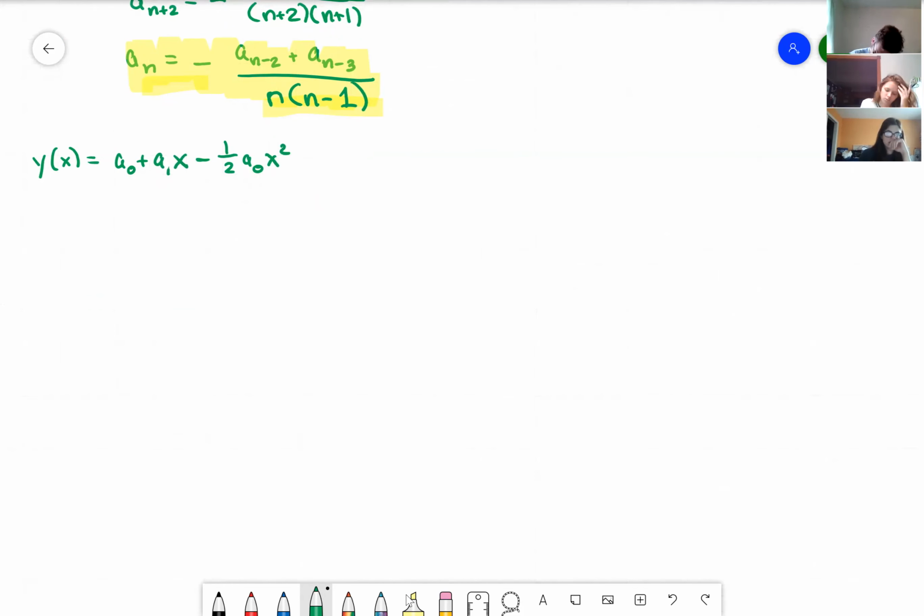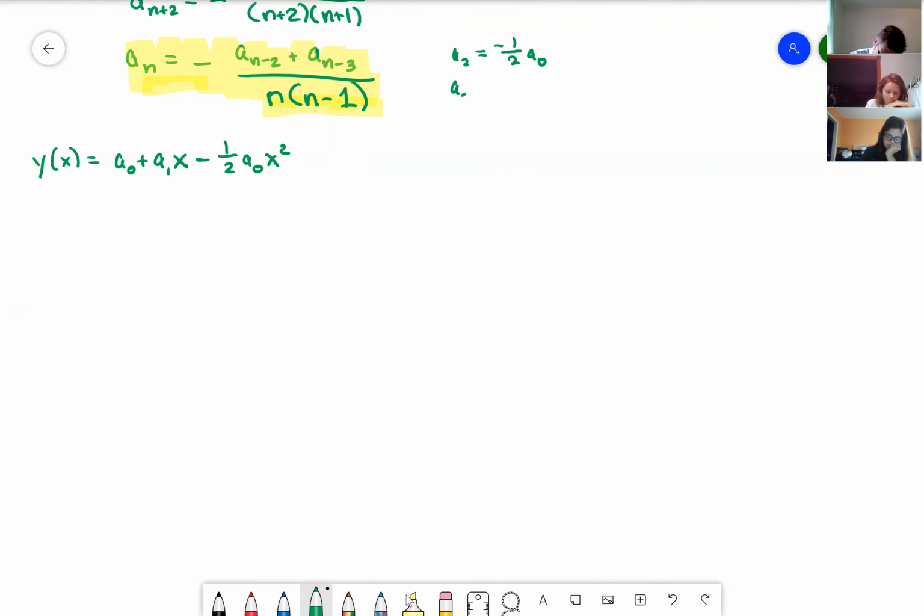So that's a2. So the next one that we want is a3. Gather all of our energy here. And we write that down, actually, a2, because we're going to have to refer to it later.